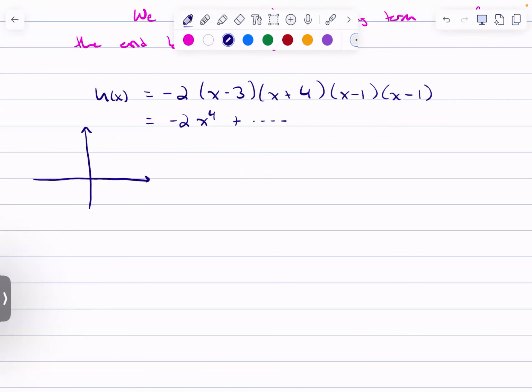I'm totally ignoring the stretch, because that would be part of that kind of middle activity. So here, the end behavior: as x goes to infinity, h of x is going to negative infinity. And as x goes to negative infinity, h of x goes to negative infinity again.